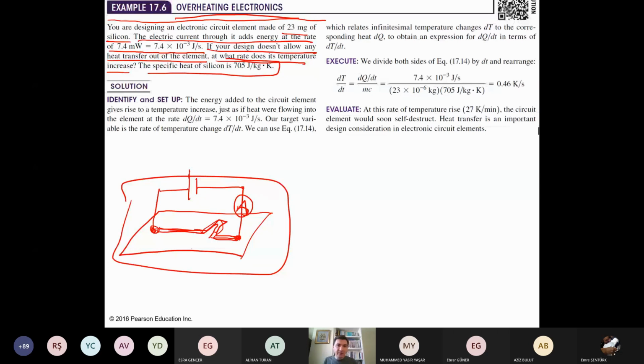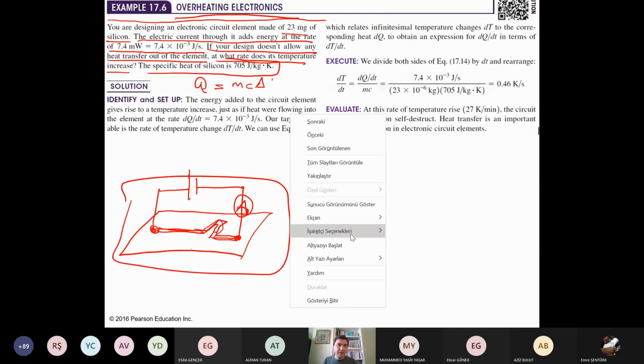So what about the formula? Remember the formula. Q is given with m c delta T. Okay, what is given here?